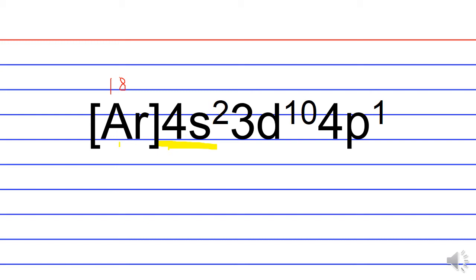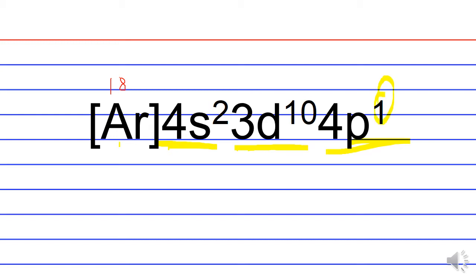And then we have 3d. For anybody that might be perplexed, the 3d orbital gets filled up before the 4p orbital. I know it's weird. It's just something that you have to memorize and get used to.